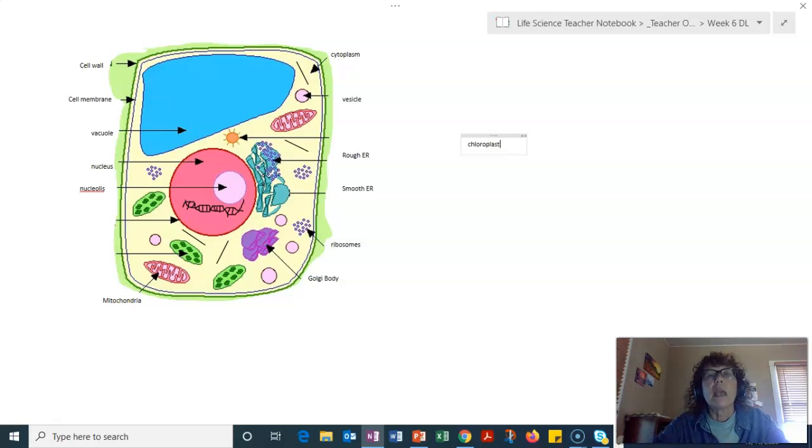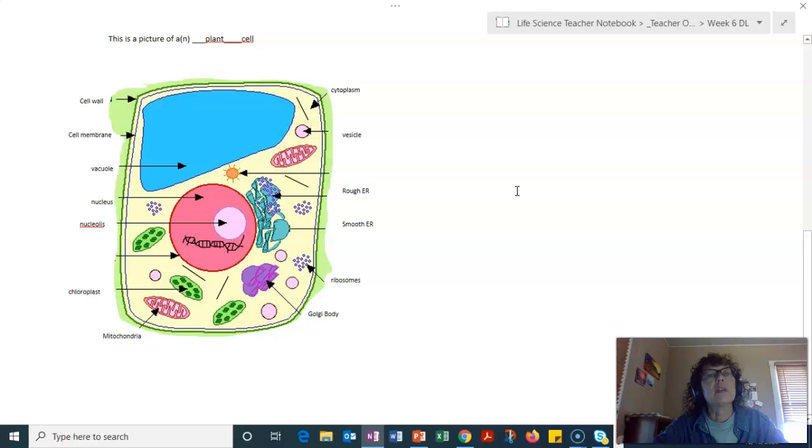Chloroplast. And chloroplast in plants is where photosynthesis happens. So photosynthesis happens in these green organelles. They're green because of a pigment called chlorophyll. And when we look at plant cells in a microscope, that's actually what we see, little green blobs, and we know that those are chloroplasts.